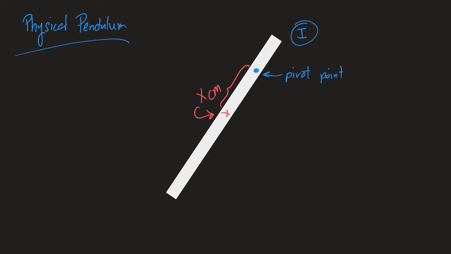It's a generic term, but I can grab any object, and no matter where I grab it, as long as I don't grab it at its center of mass, it should oscillate if there's an unbalanced torque. In this case, there will be an unbalanced torque about the pivot point due to gravity acting at the center of mass.